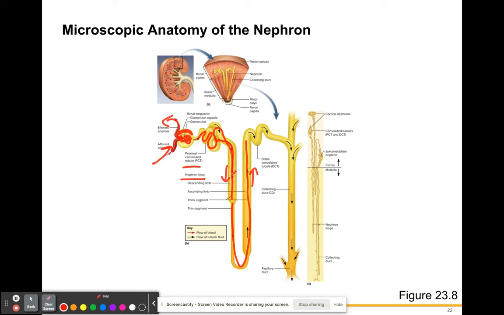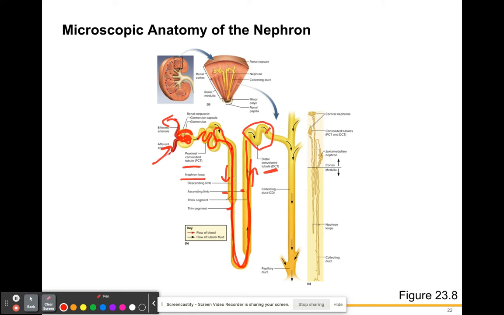We have a thick segment here and here, which are going to differ from the thin segments in their epithelial types. This loop of Henle is going to end in the distal convoluted tubule here. There's our distal convoluted tubule.